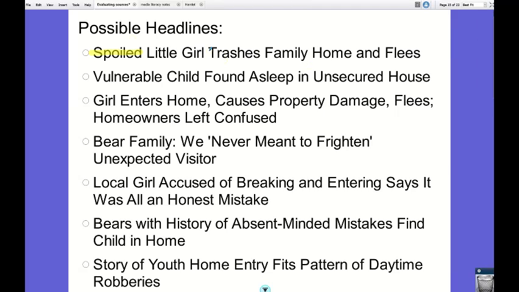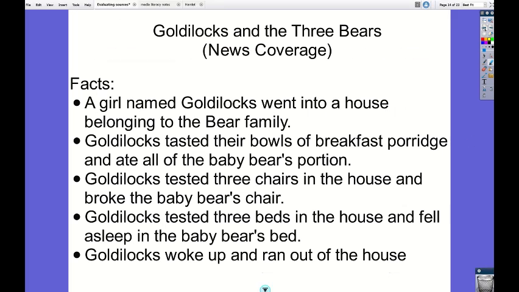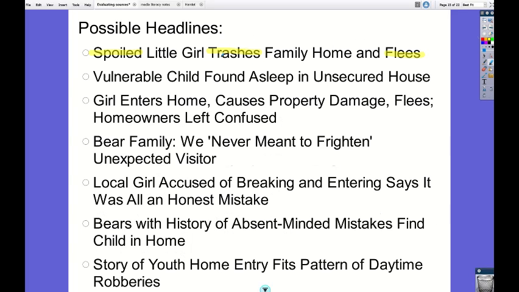Spoiled little girl trashes family home and flees. Those words are really interpreting the facts of what she did when she was there. So she went into a house, she ate porridge, she broke a chair, and then she fell asleep in a bed. And this headline translates that to trashes.